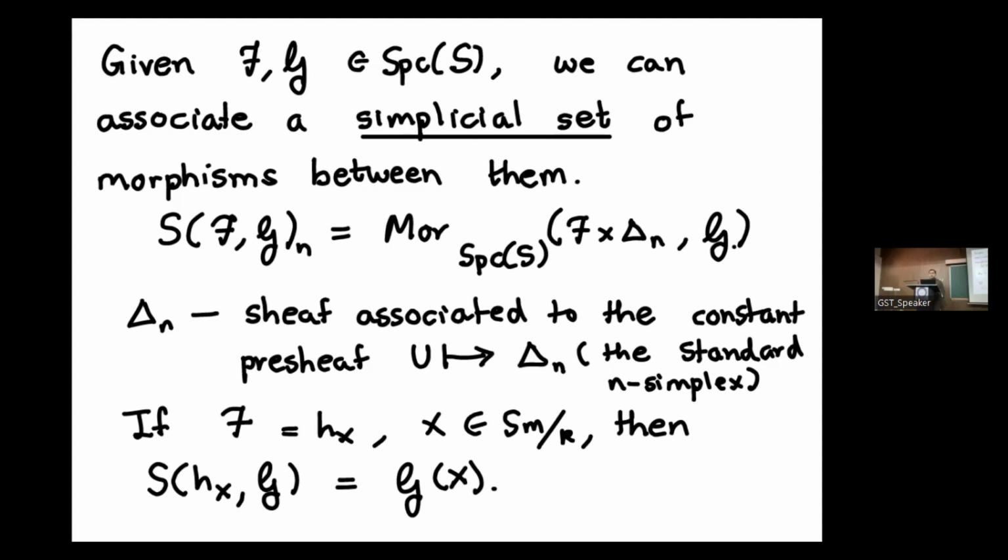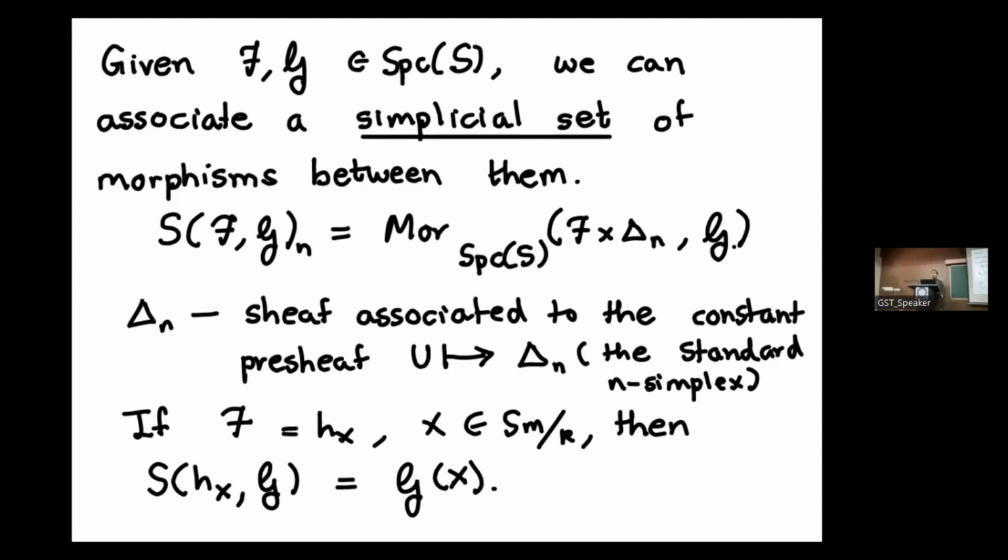This model category is what is called a simplicial model category, in the sense that the morphisms between two simplicial spaces don't just form a set. I mean, if you just look at it as a category, then of course it is just a set. But then you can create some more structure.